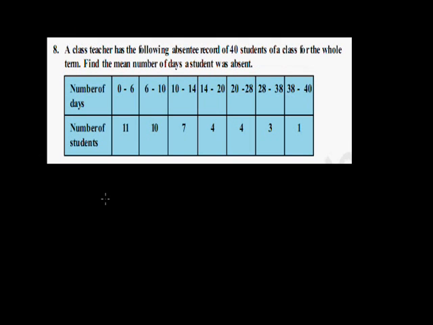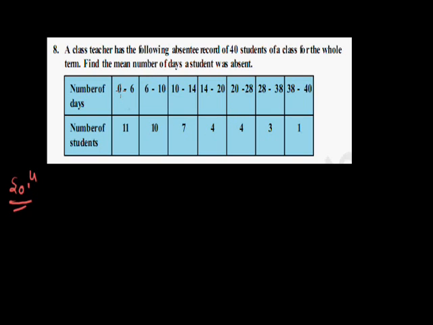Now in that question, first of all let's see the class interval 0 to 6, 6 to 10. Now here is 6, now here is 4, here is 6, now here is 8, here is 10, now here is 2. Now the class intervals vary. So first of all I converted into the same interval.